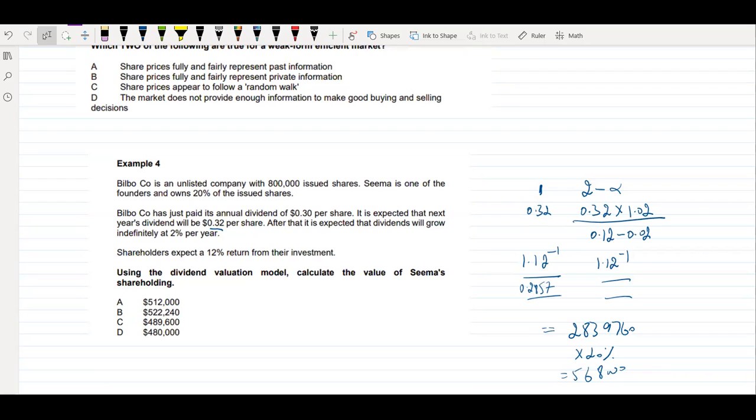Plus 0.2857. 3.2, approximately 3.2. 3.2 into 800,000 into 20%.